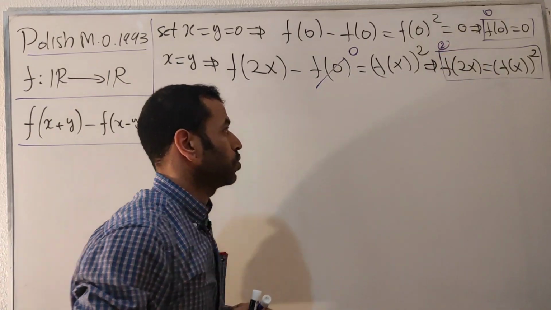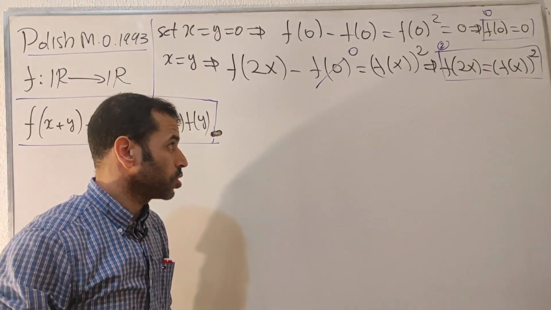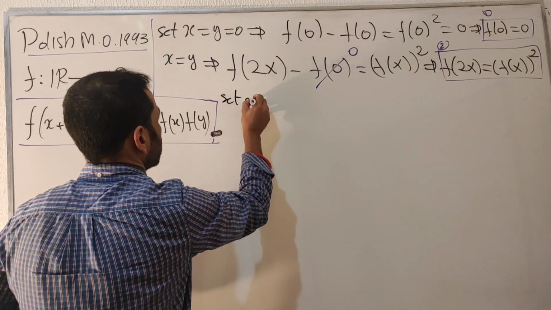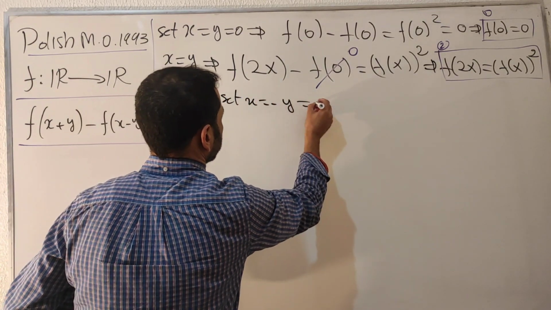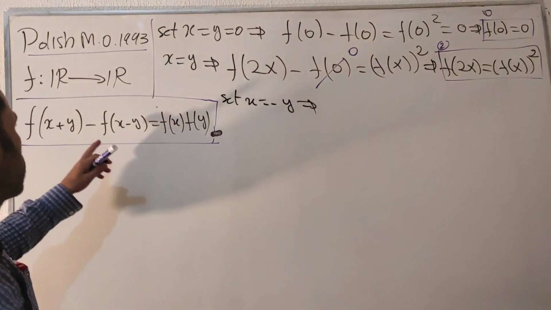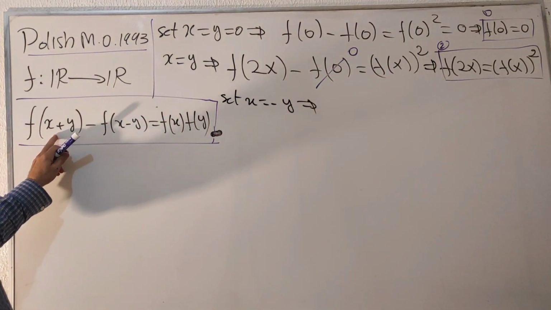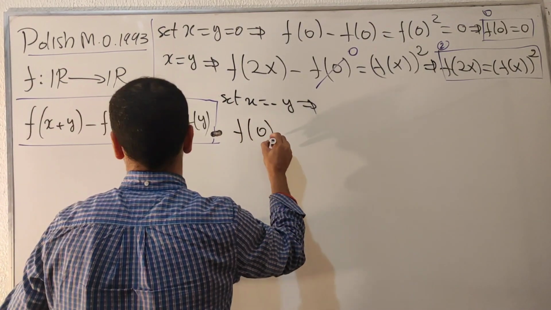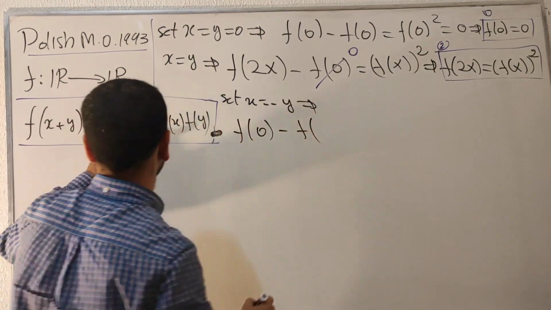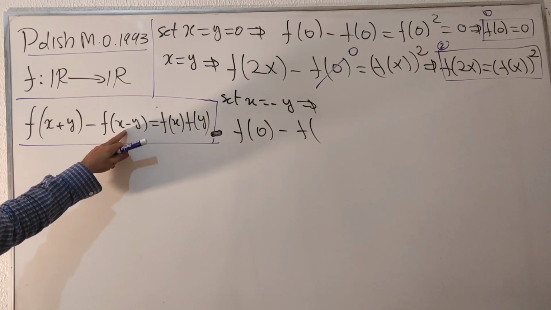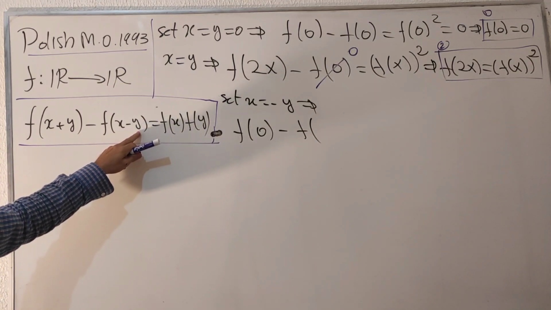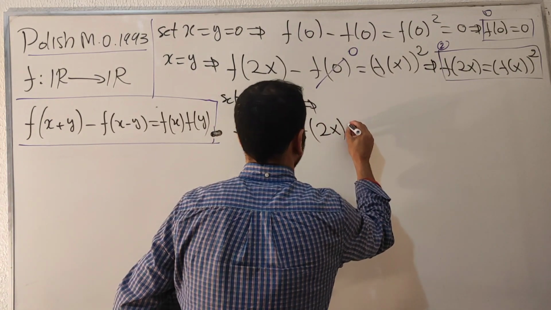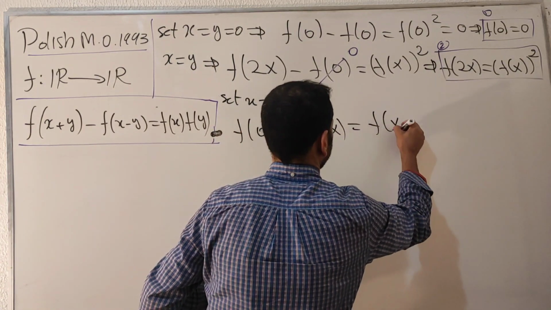Let's move on to determine the third equation. Also, let's set x equals minus y. If I do that, the first one is given as 0 because x equals minus y here. So I get f of 0 minus f of x minus x, which is 2x here, which equals f of x.